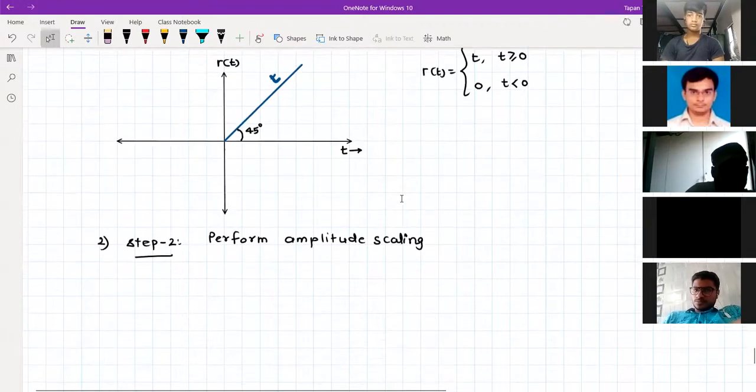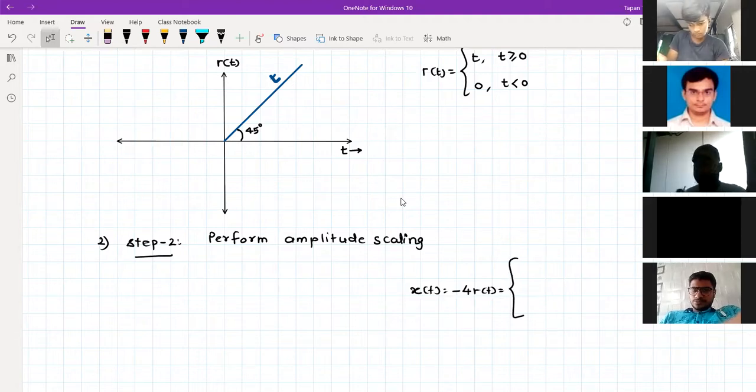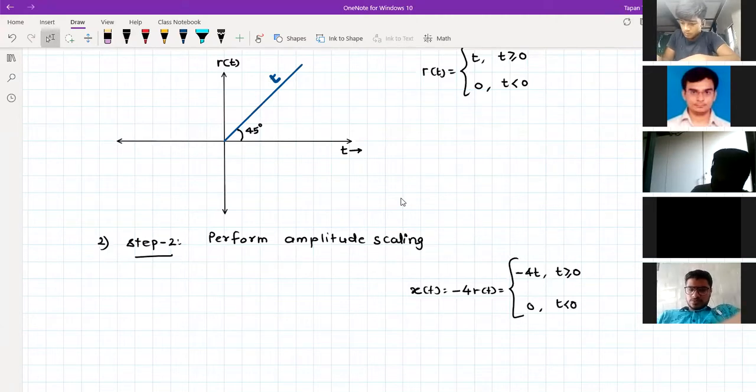So perform amplitude scaling. Then x of t is equal to minus 4 r of t, which is equal to, it's very simple, minus 4t for t greater than or equal to 0, and it is 0 for t less than 0.